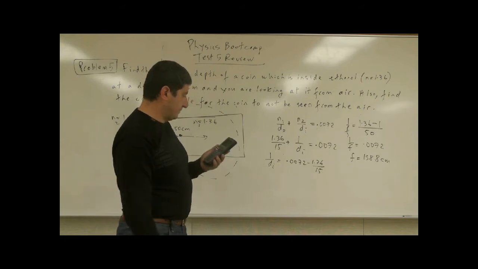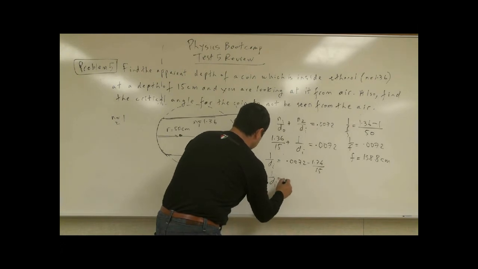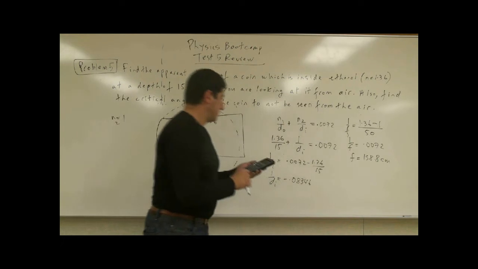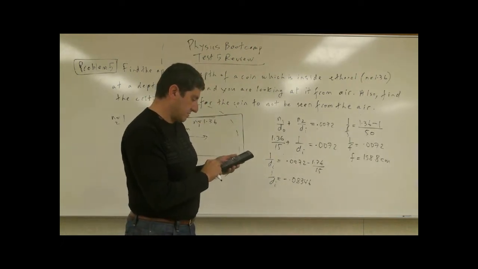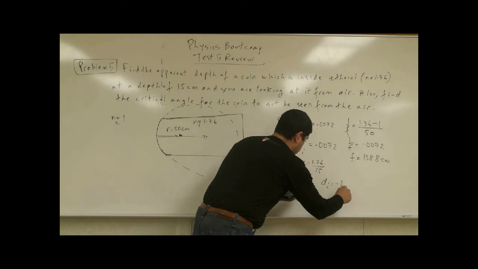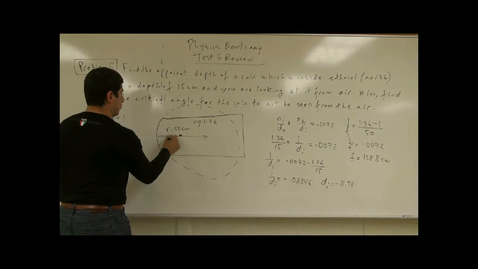Then it gives you negative 1 over di, negative 0.08346. And you invert that, you get a virtual image. di is equal to negative 11.98. So the image is going to be right here somewhere.